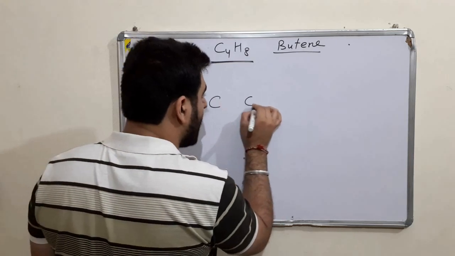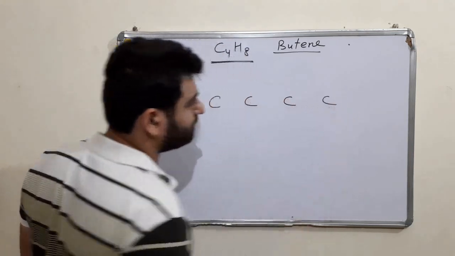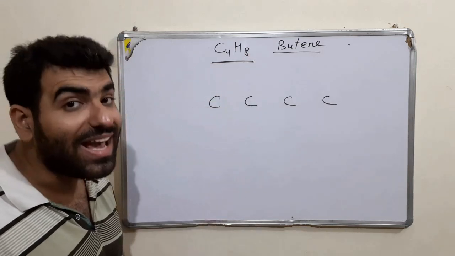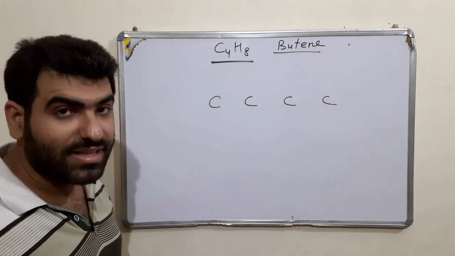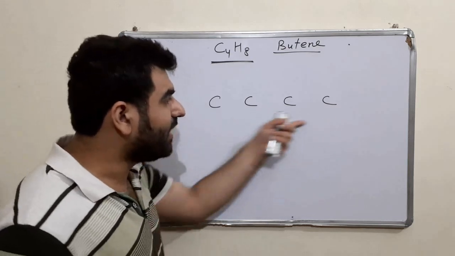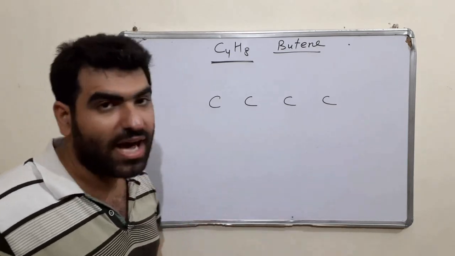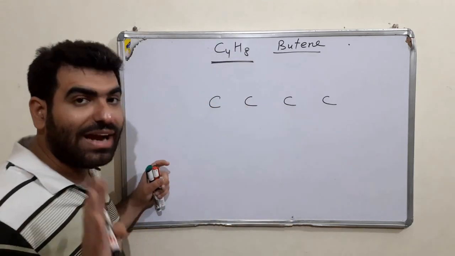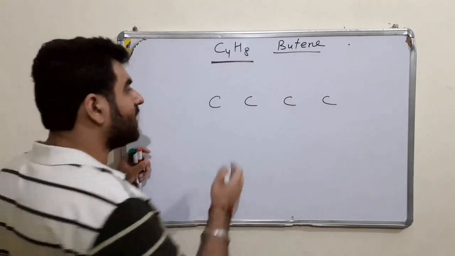So carbon, carbon, carbon and carbon. How many hydrogens are there? 8. But let us first complete the bond formation between carbon and carbon. Just remember this thing, carbon and carbon will always share at least a single bond with one another.